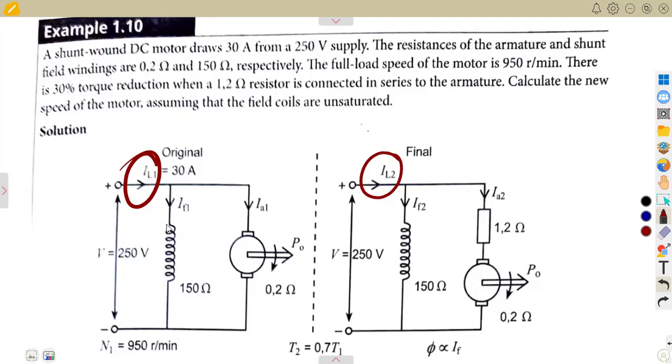The speed also changes. If there is a speed in the first condition, we are going to have the speed of the second condition, which is the final condition. The torque on its own changes from T1 to T2. The induced EMF changes from E1 to E2.